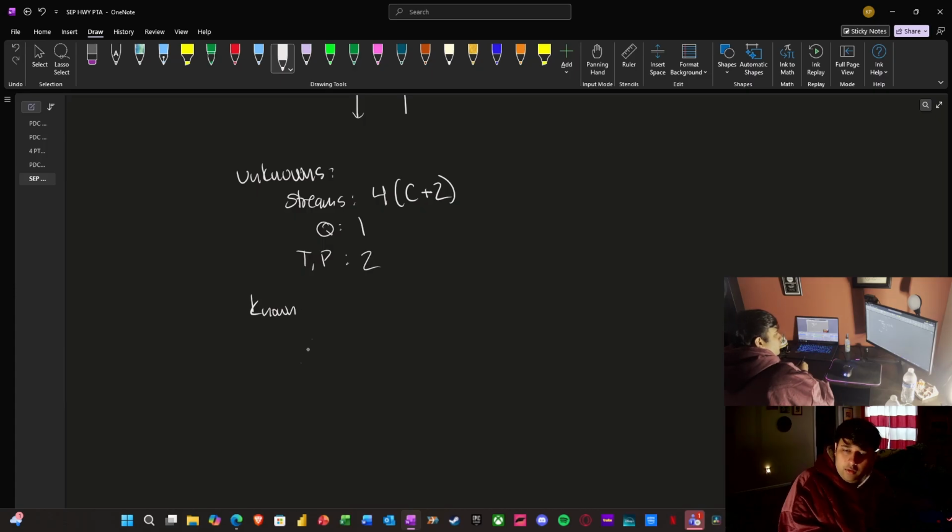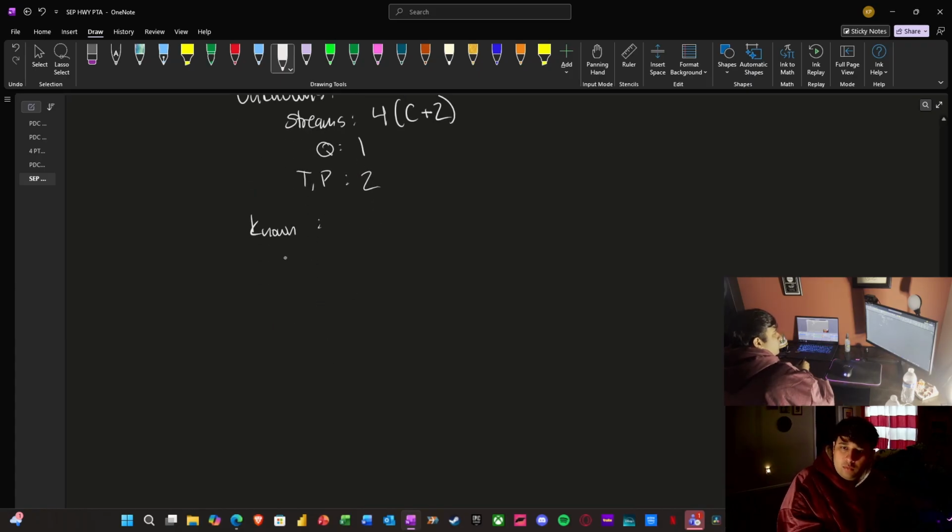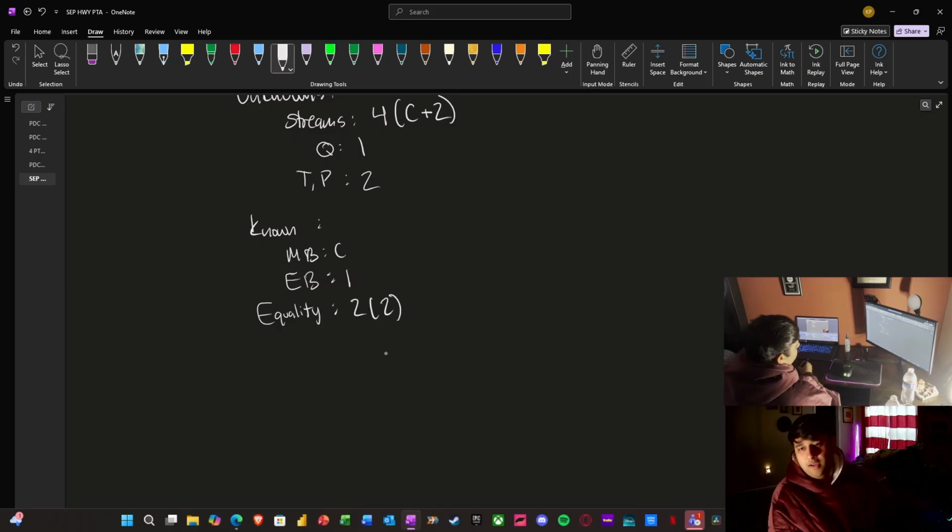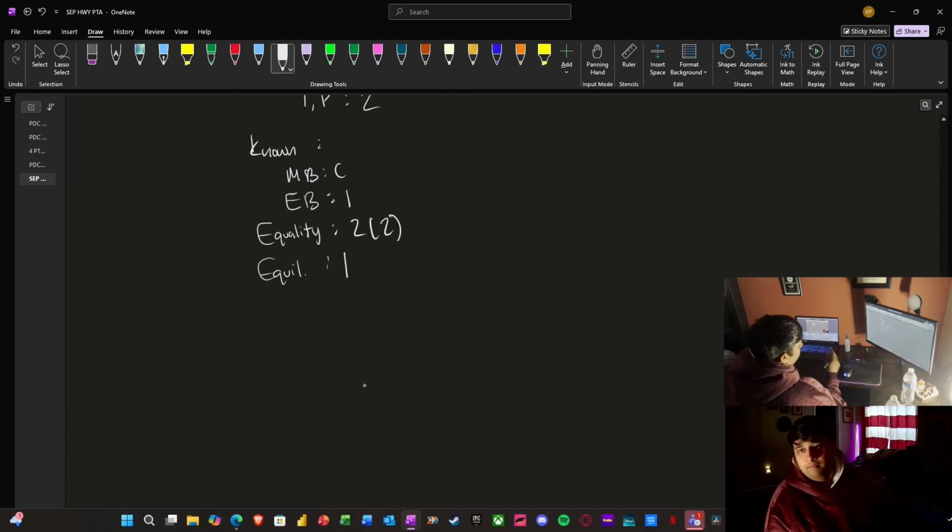And then for our known, our material balance is C, our energy balance is 1, and then our equality will be the same as before, 2 times 2, and then our equilibrium is 1.